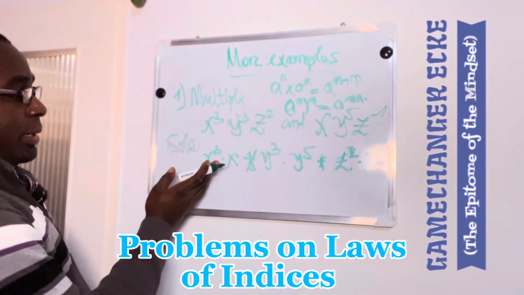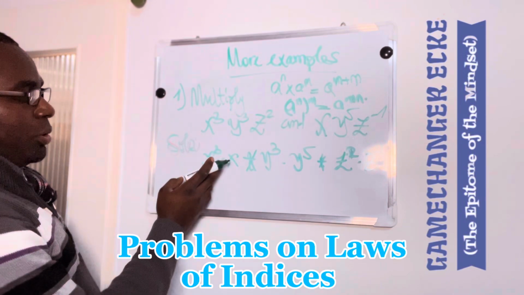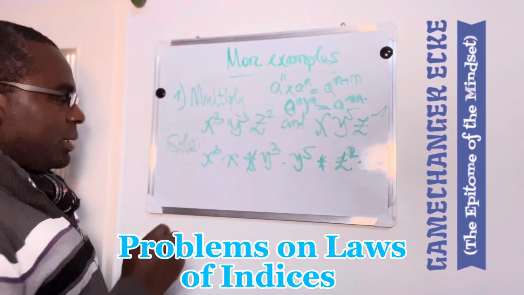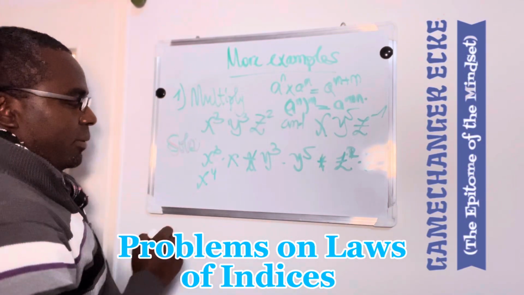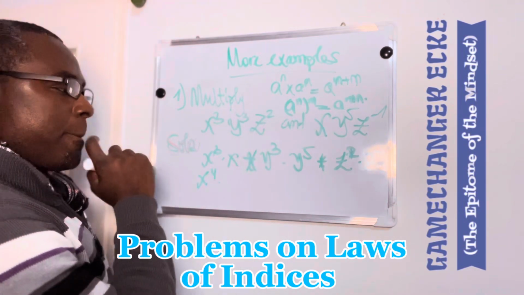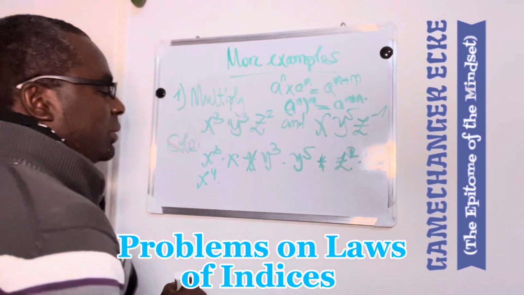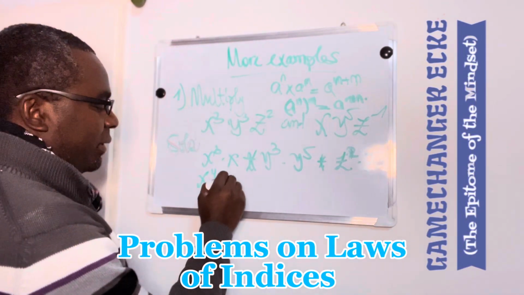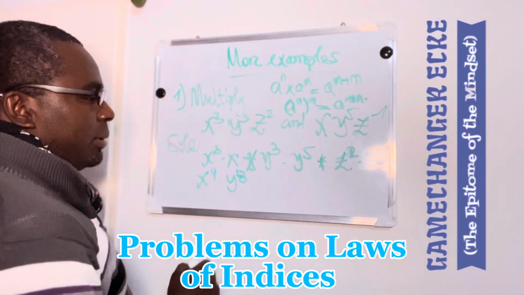So x cubed times x gives you x to the power 4, times y cubed times y to the power 5 gives you y to the power 8.